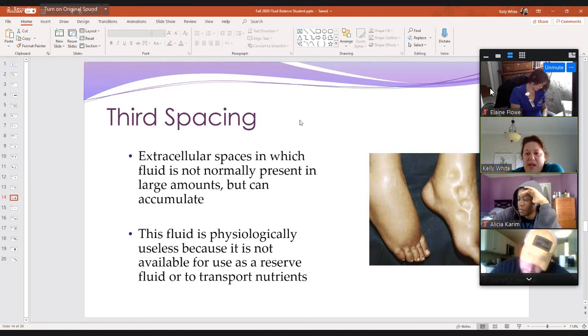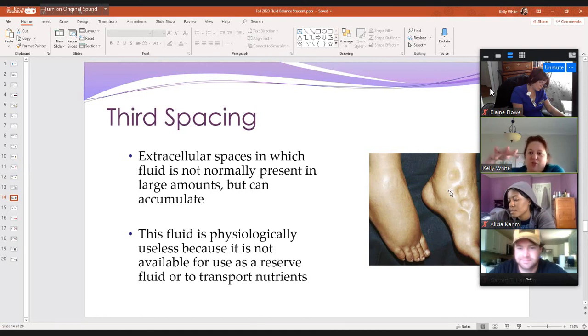So how many people have seen third spacing? This isn't the best example, but I couldn't find a good one. So third spacing, to me, is a type of swelling and fluid volume overload where, when you touch the patient's skin or you see the patient's skin, you can see ripples of water and fluid underneath their skin, and you can just barely touch them, and it's almost like they'll just start seeping and oozing out that fluid.